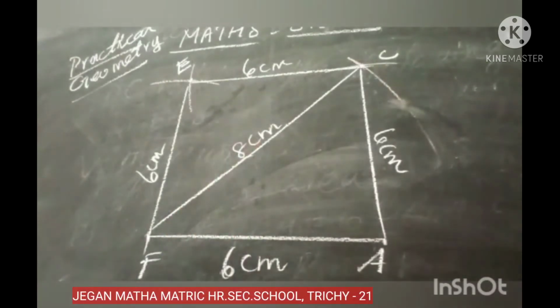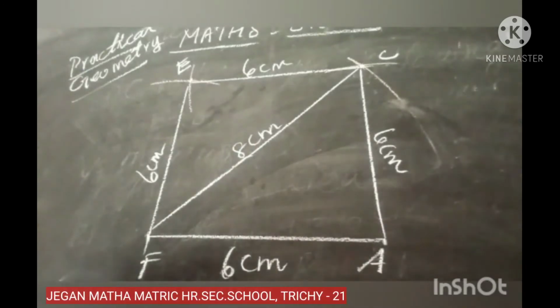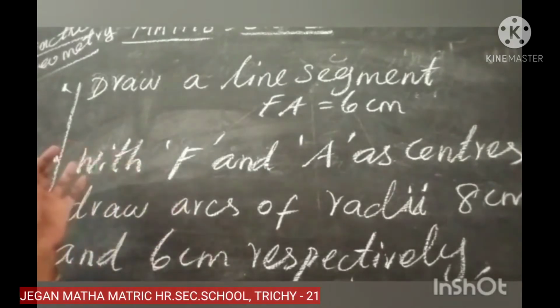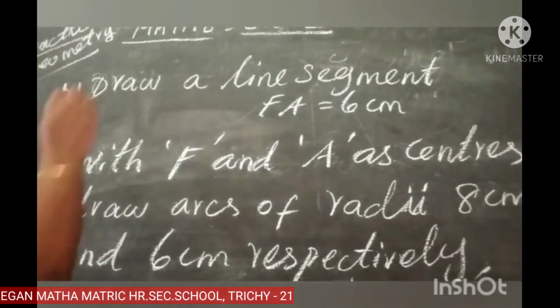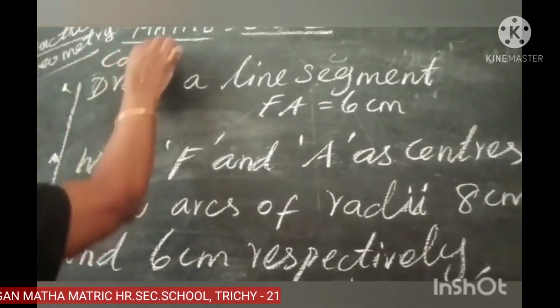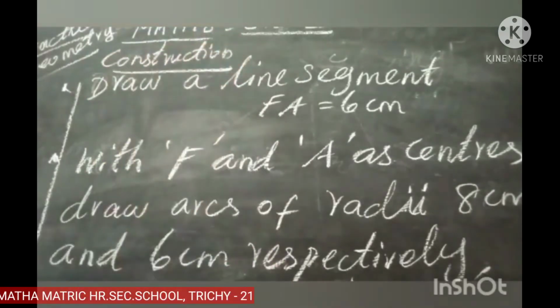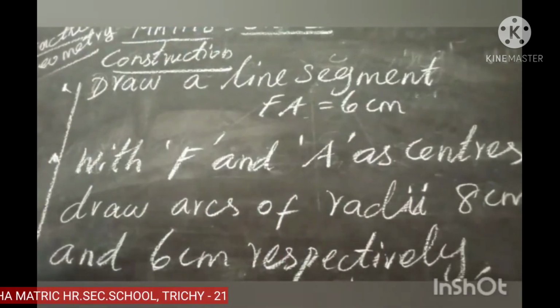After finishing this, you have to write the construction of the given picture. Now let us see the construction. The first point: draw a line segment FA, that is the baseline, equal to 6 centimeter.